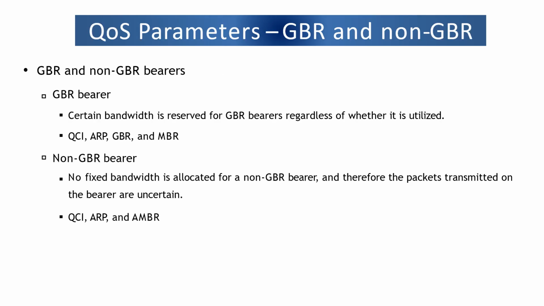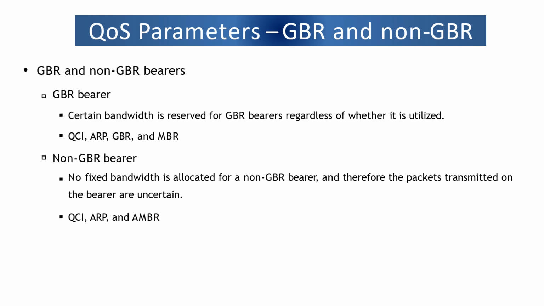Now, the next QoS parameter is GBR and non-GBR bearers. First, guaranteed bitrate bearers. It means a certain bandwidth is reserved for the GBR regardless of whether it is utilized or not. The GBR bearers always occupy the resources over the radio link even when no packet is transmitted.